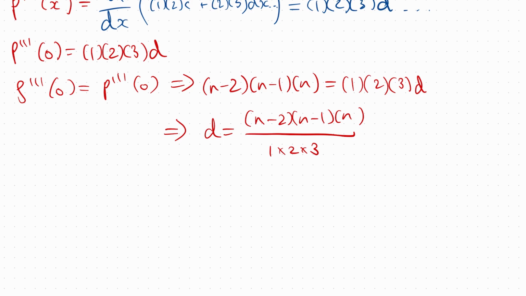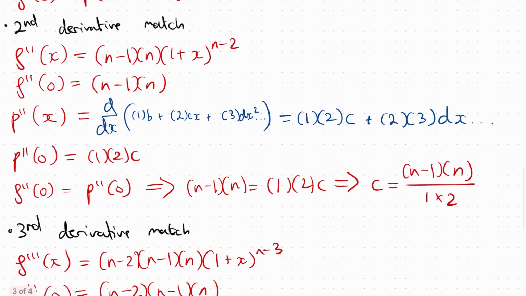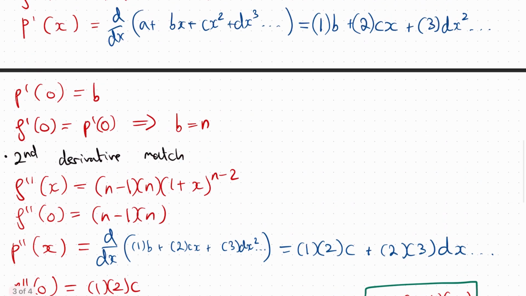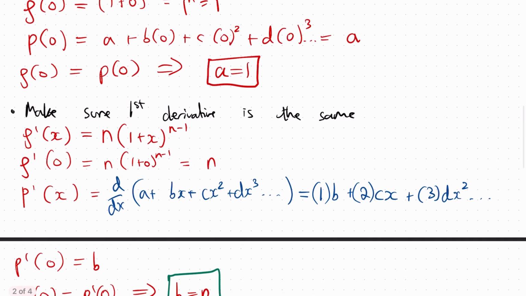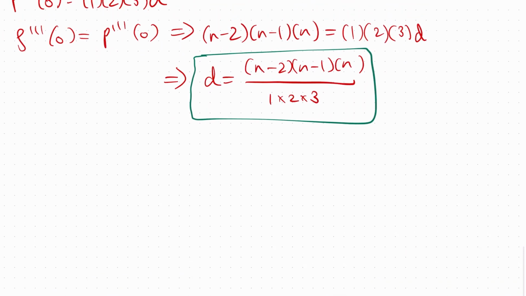So hopefully you can start to see the pattern now. If I just go back and substitute all this stuff back in, we've got our d term, our c term up here, our b term, and also our a term, which I've already circled. Let me just do it in green, boxed. So let's remind ourselves what these terms actually are.